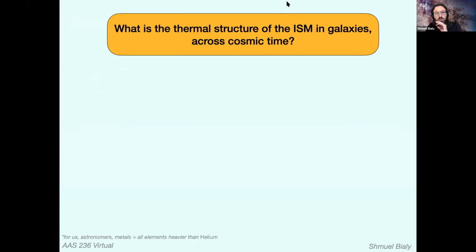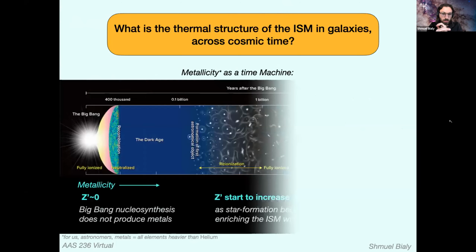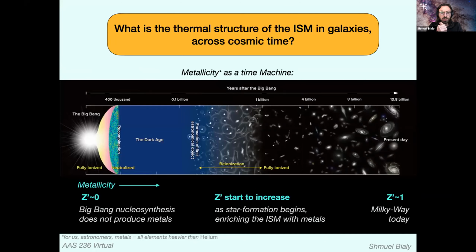In this talk, I want to ask, what are the thermal phases? What's the thermal structure in the nearby galaxies, in all galaxies across cosmic time? Basically, I'll show this diagram that Jesus already showed before. For me, the main focus is down here, where I'll focus on the parameter metallicity.